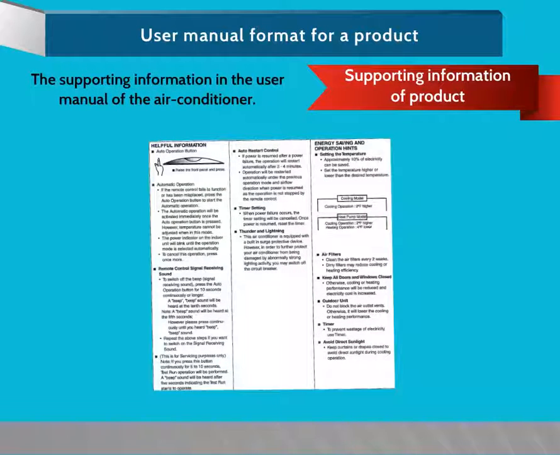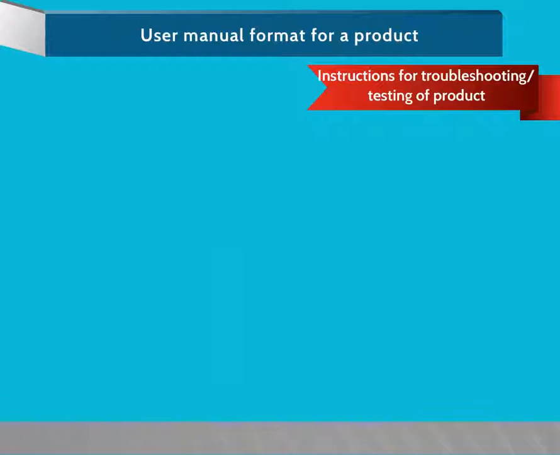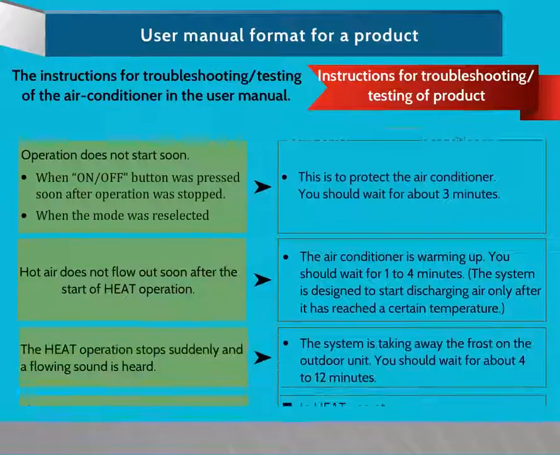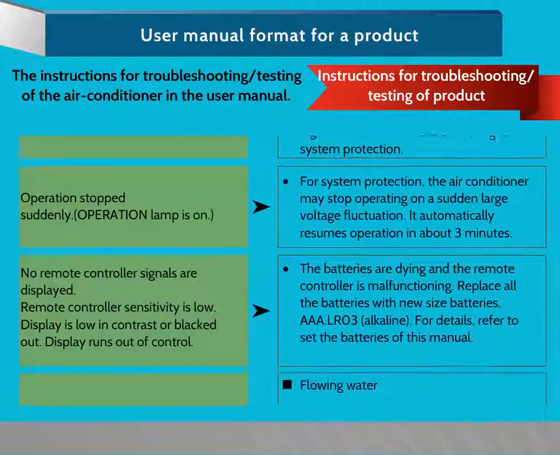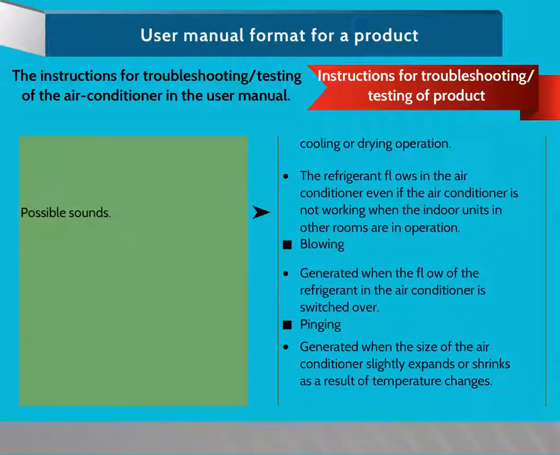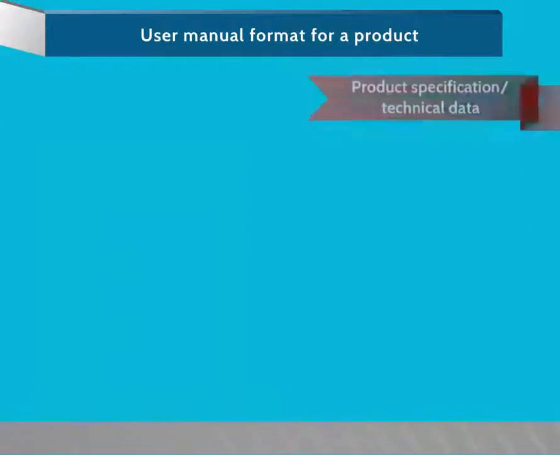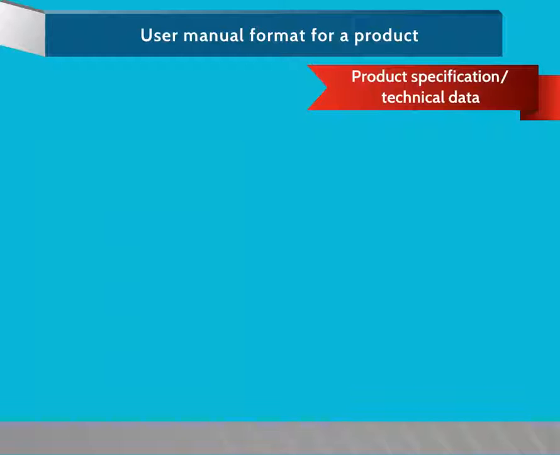Supporting information of product. The supporting information in the user manual of the air conditioner. Instructions for troubleshooting or testing of product. The instructions for troubleshooting or testing of the air conditioner in the user manual. Product specification or technical data.